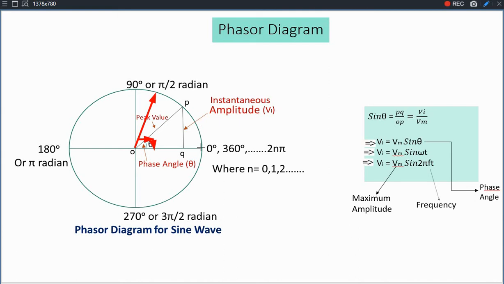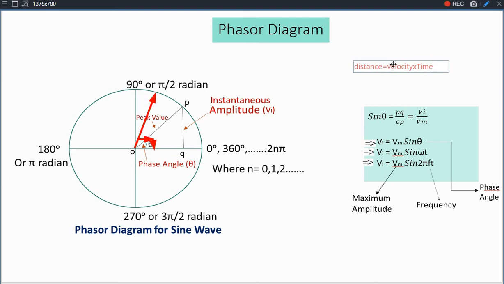So if the angle is increasing, then simply the formula you studied earlier in your childhood: distance is equal to velocity multiplied by time.